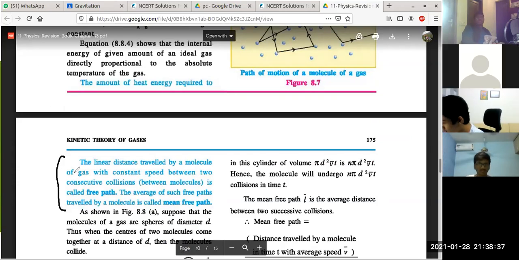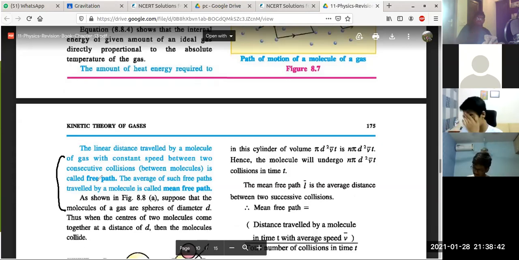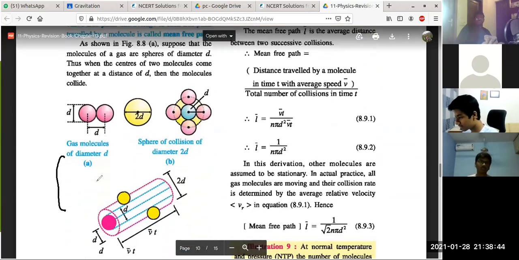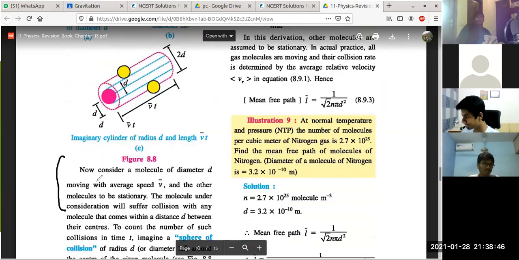This is the definition. You can write it later. Now the mean free path you should write.